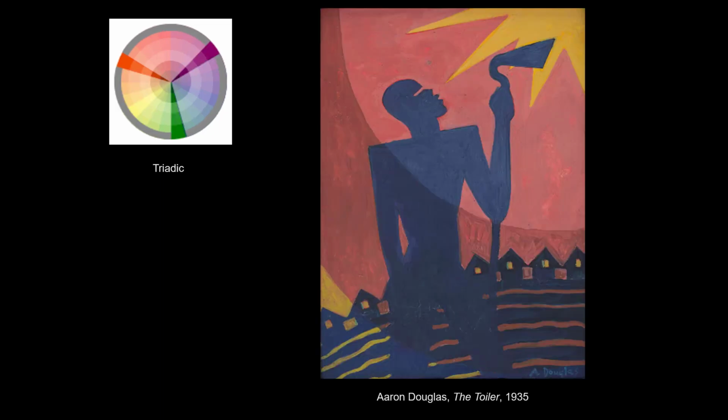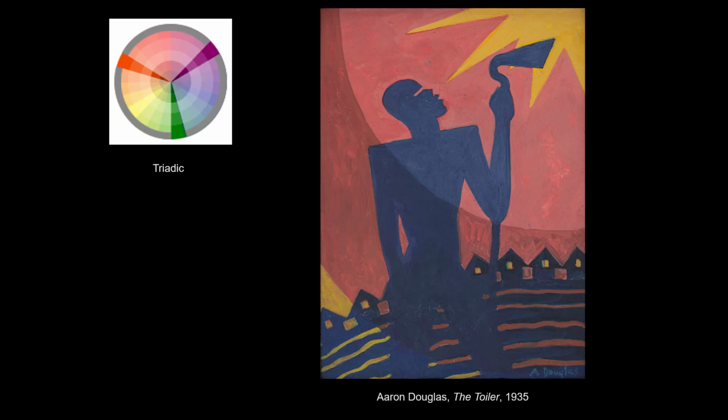A triadic color harmony is 3, that's what the tri means, 3 separate hue categories that are equidistant, that are essentially as far apart from each other as they can get. And while the diagram that I stole off the internet is showing you an orange, purple, green triad, the most common one that we see in modern or contemporary art is going to be the red, yellow, blue primary triad, and that's what we get in this Aaron Douglas image here.